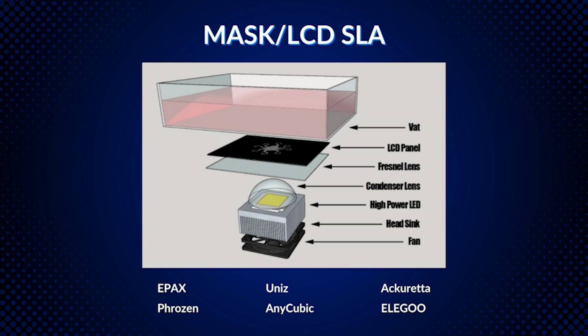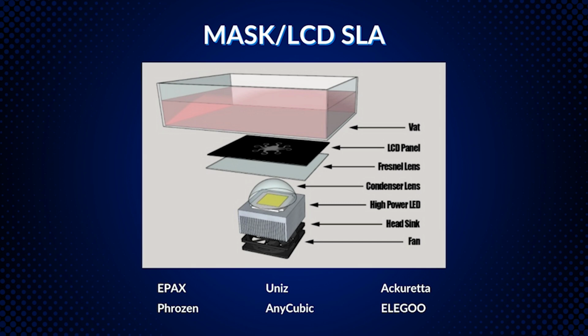Our print head drops down into that vat, and then our light source shines our 3 models that we're printing. The LCD mask only lets the light through for our 3 models. Then the light source flashes, and we've got that LCD mask that only allows the light through of what we're printing.